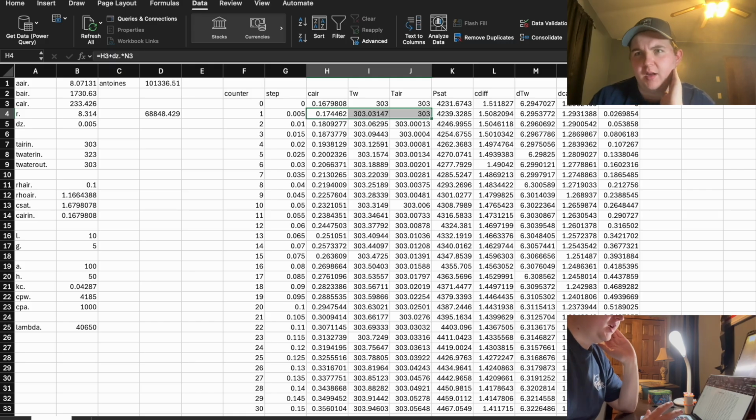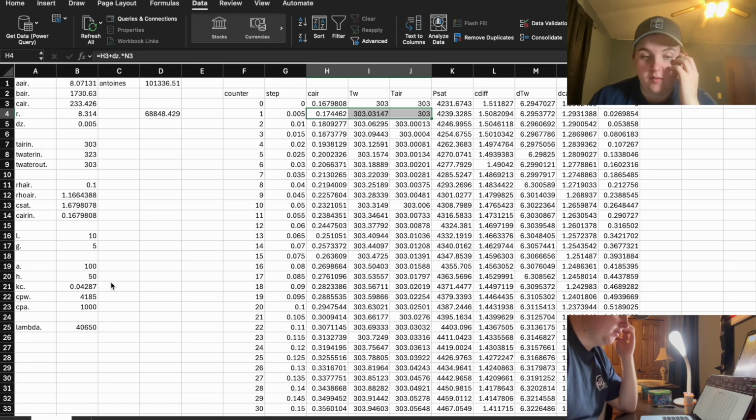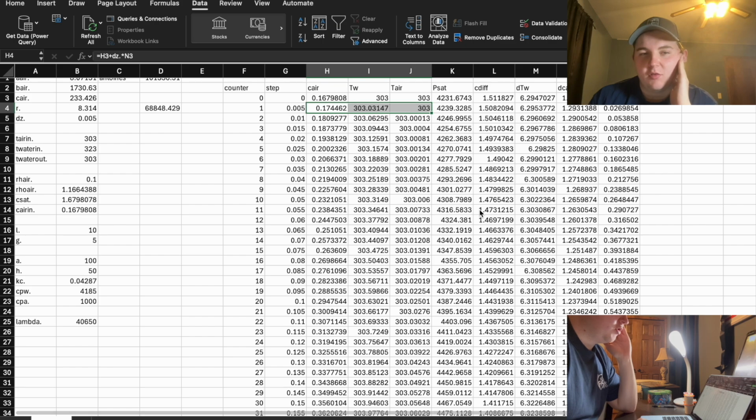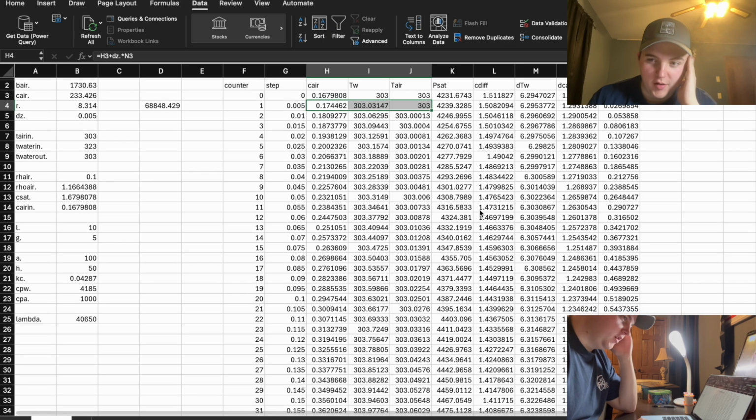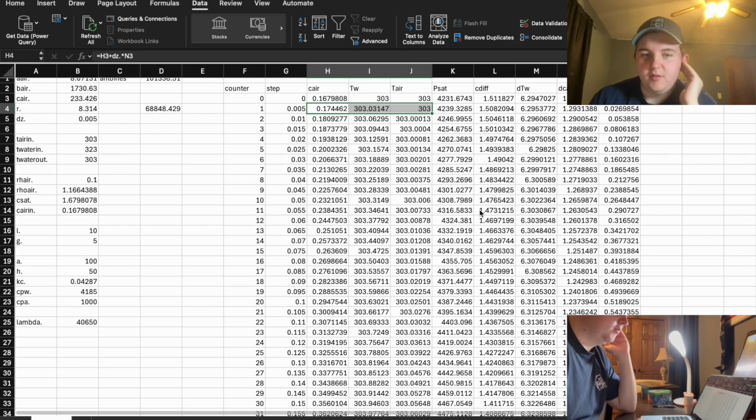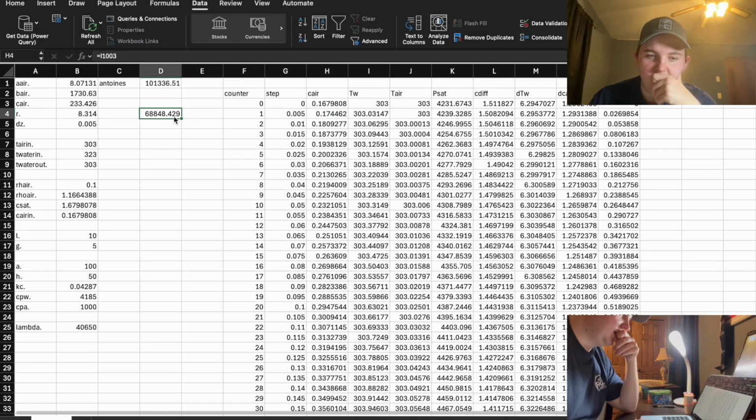Then there was still an error after that, and it came down to my KC value here, and I think it was literally just a rounding error that was causing everything to go wrong. So it's been like 30 minutes and I was running solver to make sure it was working, so hopefully it is. Yeah.